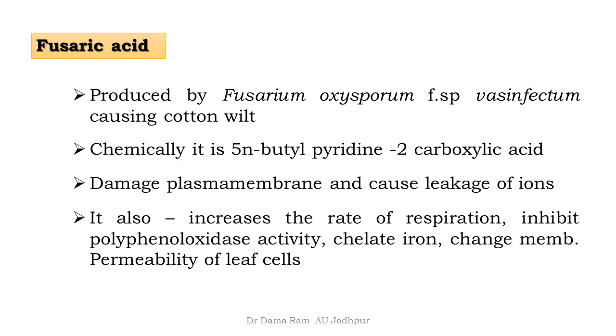Fusaric acid is produced by Fusarium oxysporum forma specialis vasinfectum and causes wilt in cotton. Chemically it is 5-n-butylpicolinic acid, a pyridine 2-carboxylic acid. Like lycomarasmin, it damages the plasma membrane and causes leakage of ions.